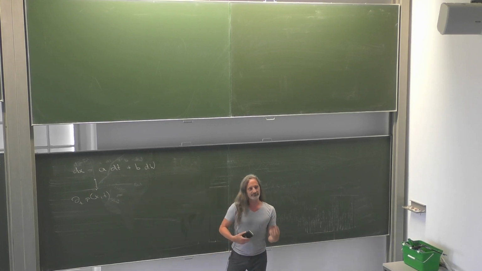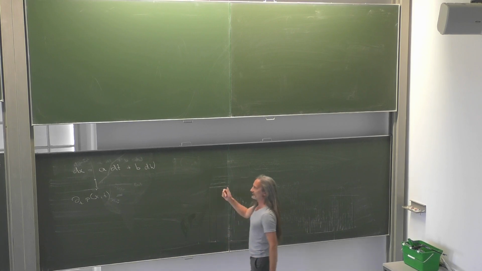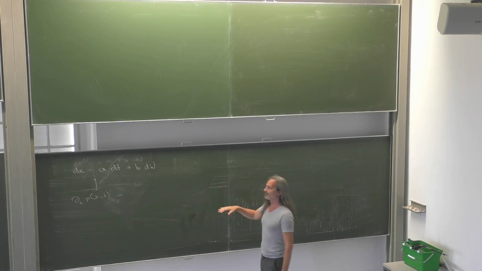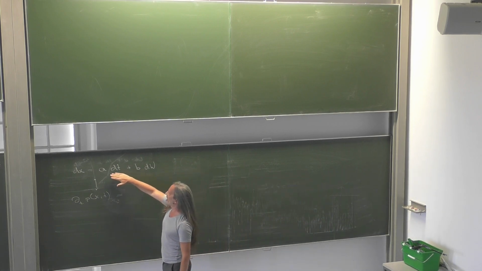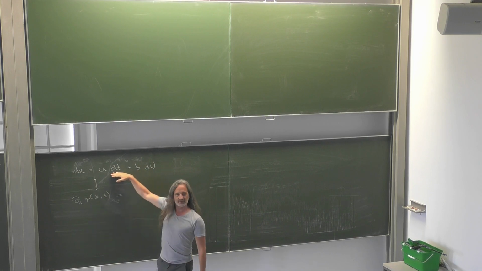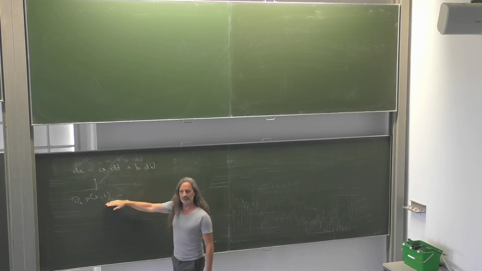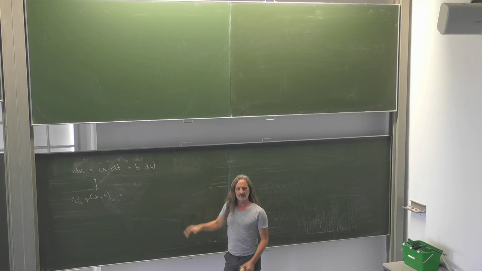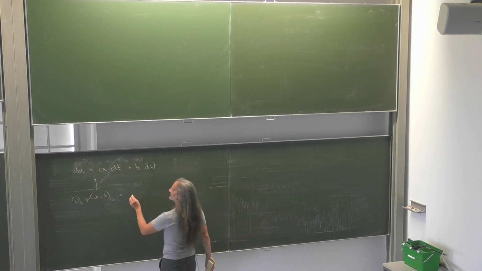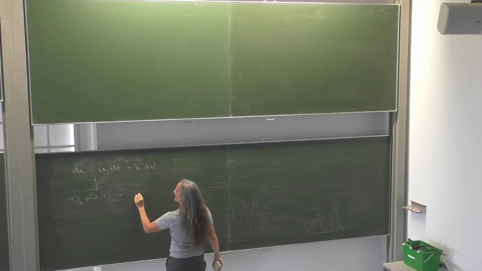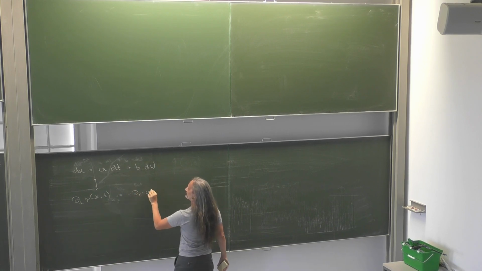So the first task to do, and I don't have the time to go through the calculation in detail here, is to say, can I map this dynamics onto an equation for this object? And I'm going to write down the answer, and then if you want, we can discuss. The answer is that yes, you can, and it looks a bit like this.